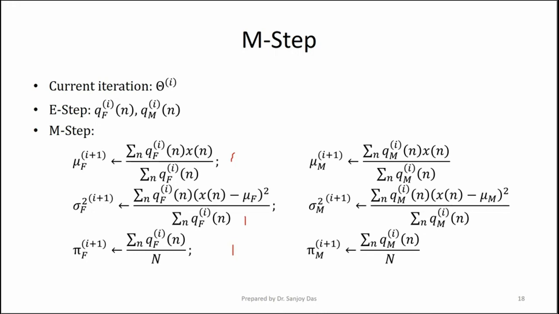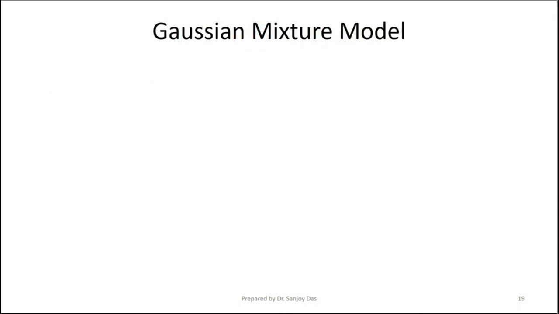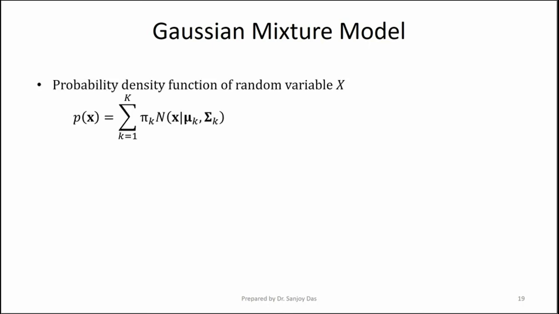And we just had two Gaussians here, and we are now in a position to generalize to K number of Gaussians. So now let's generalize to Gaussian mixture models.